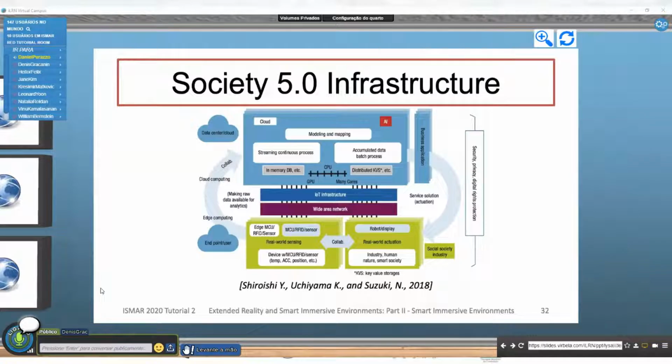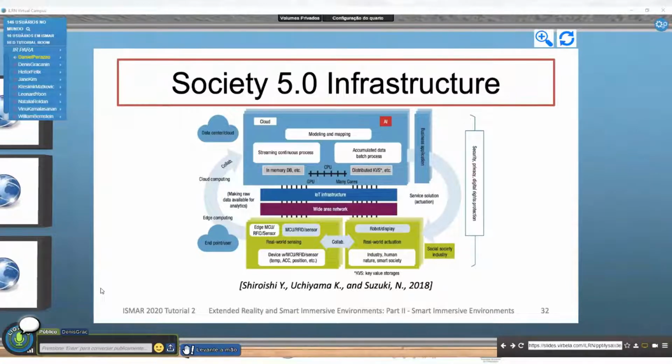In order for that to work, we need wide area networking and corresponding IoT infrastructure, and then through all that vertical implementation, we need to deal with security, privacy, digital rights protection, and so on. So that conforms to what we have discussed previously, just on a very large societal scale.